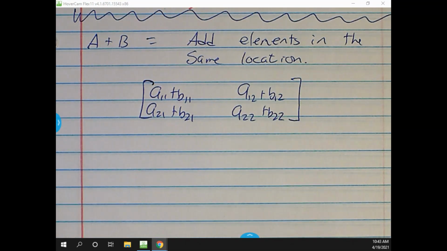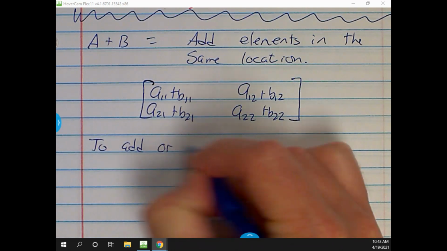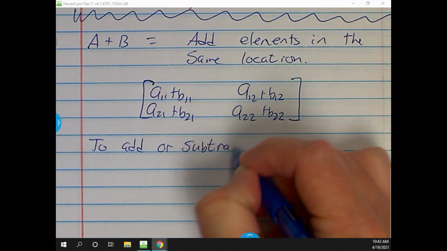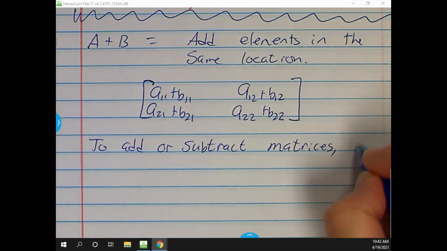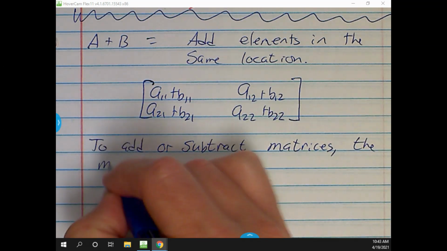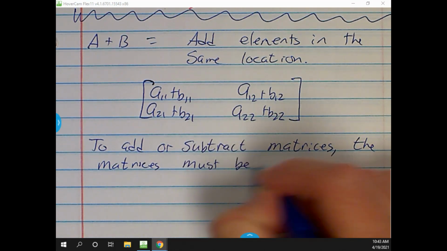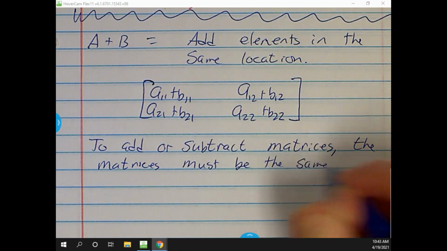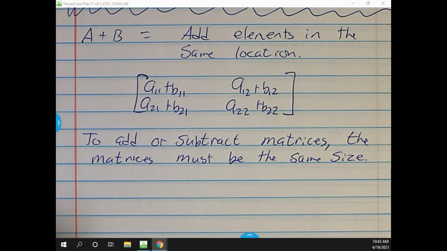And again, the key thing is that when you're adding and subtracting matrices, they have to be the same size. If they give you two different size matrices, you're not able to add or subtract them.